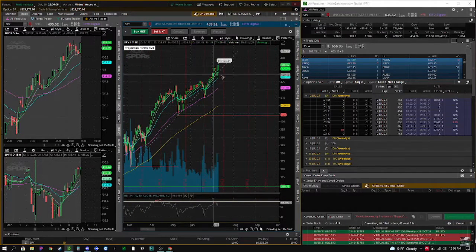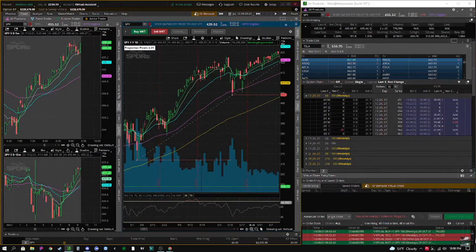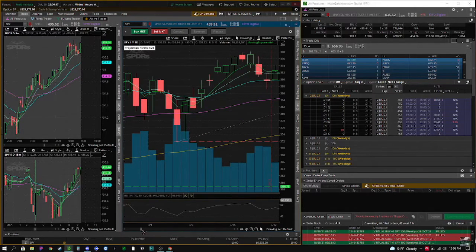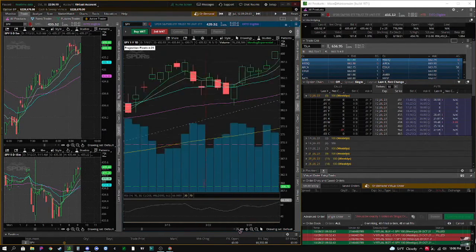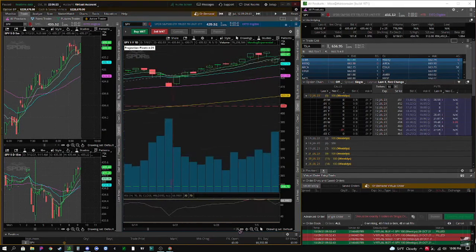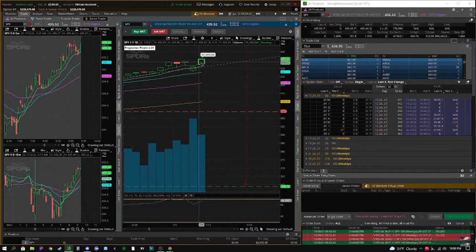We want to zoom in some, a little more than that. We're going to go to current. So you can see in this bar here, it's going to show you the date, which was the 9th because we're working on a Monday.